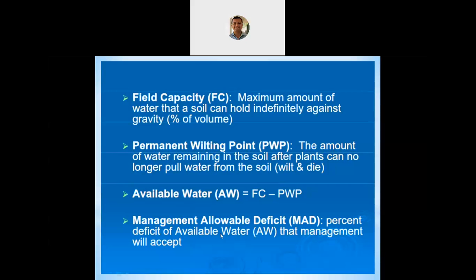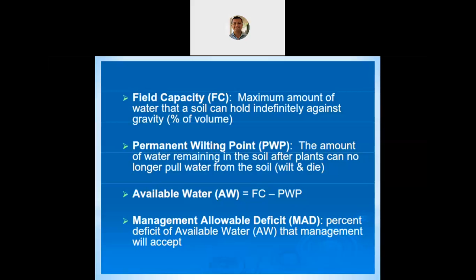Now there is also a term known as MAD, management allowable deficit. It is the percent deficit of available water that management will accept, which means that whatever management practices we assume have to be within this field capacity and permanent wilting point limit, because this water is available to the plants.